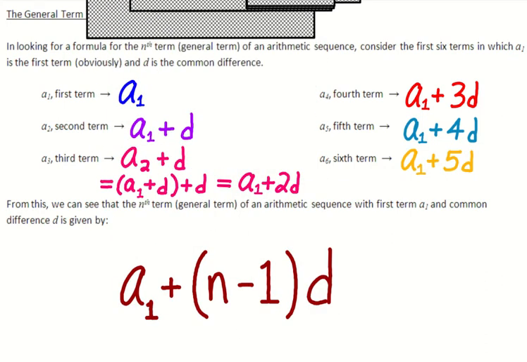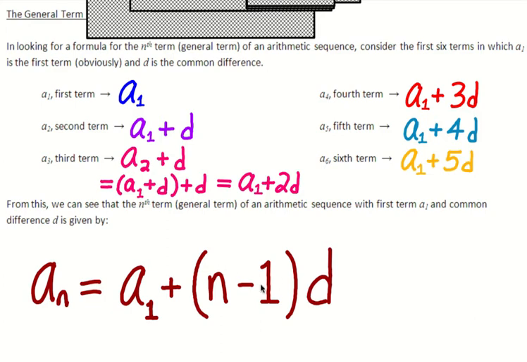And what I'm going to do here is include a sub n equals out in front. So the nth term is going to be equal to the first term plus n minus 1 times d, because again, n is the term we're finding, and if I wanted to find the 100th term, like a sub 100, it would be 100 minus 1 right here.